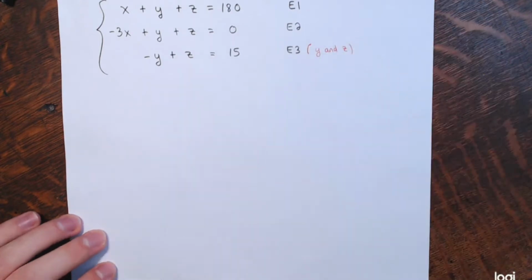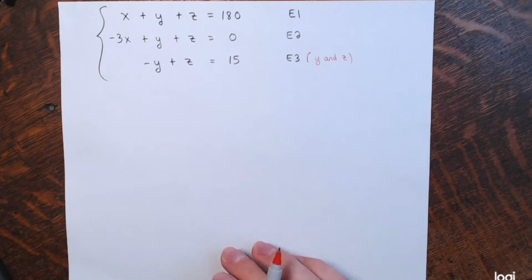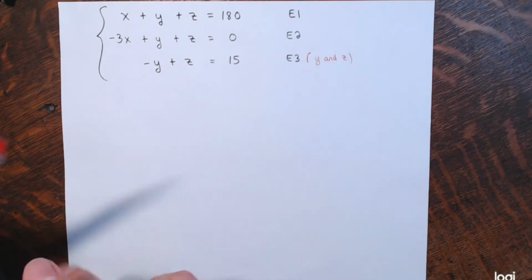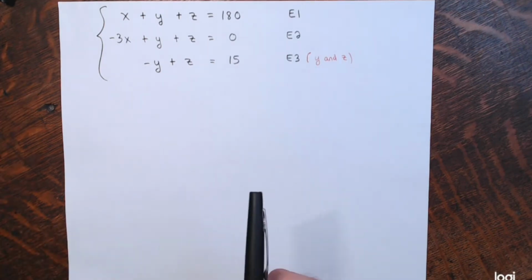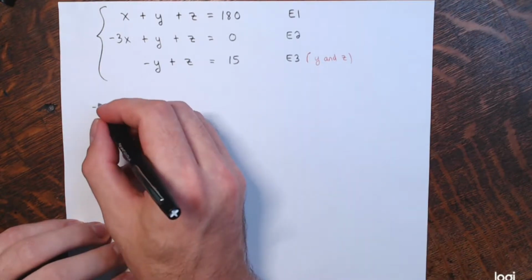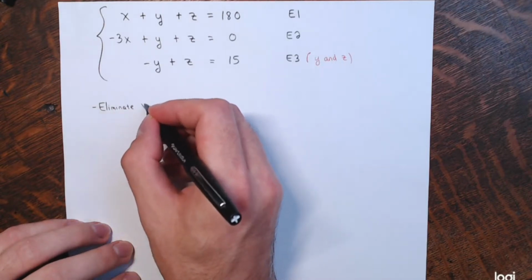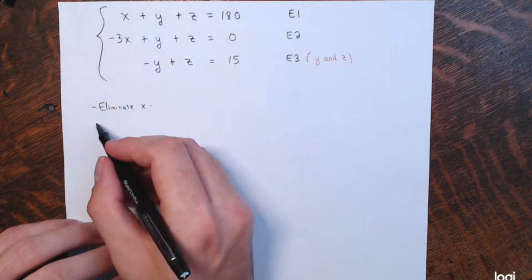And what I want to do is form a second equation with just y and z. So if I want just y and z, and I'm keeping the third equation the way it is, it means I'm going to have to eliminate x from equations 1 and 2 again.